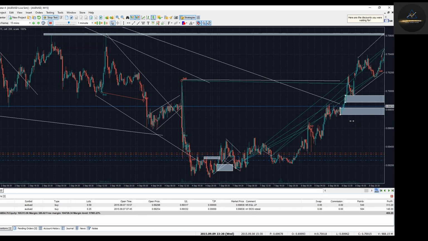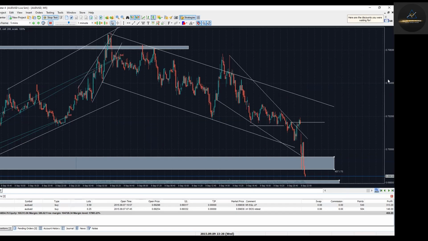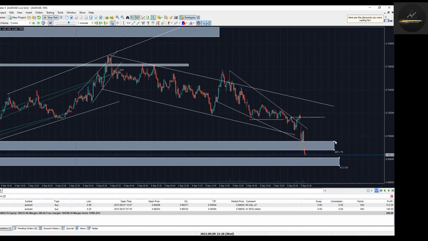Okay, so now we've got our plan A, plan B. Because of the nature of this volume that we're getting, it looks like plan A has been taken out, so we can delete that. We might get a slingshot because this level has been taken out and it's going down to the next one.